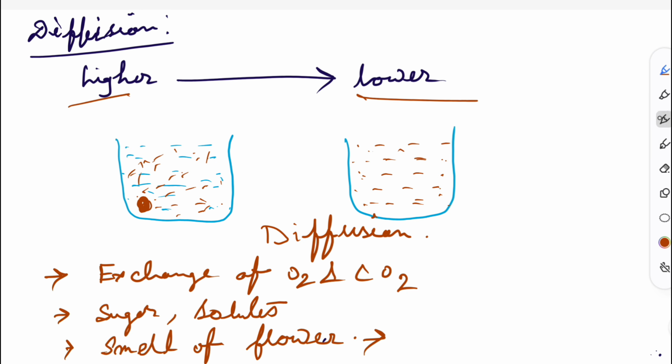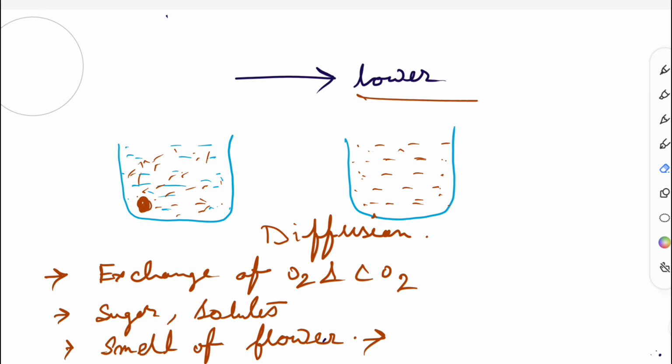Next we are going to talk about osmosis. Now osmosis and diffusion have similarities. Osmosis is the movement of solvent molecules from a solution of higher concentration of solvent molecules to one with a lower concentration.